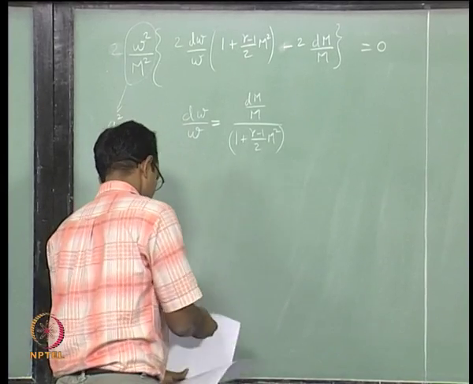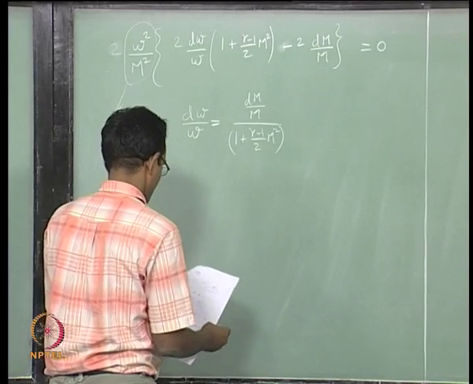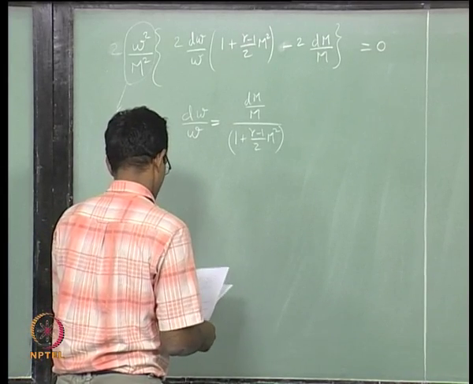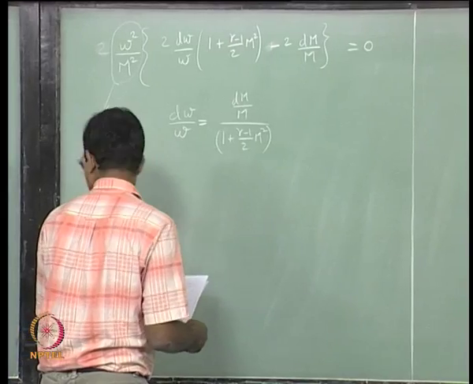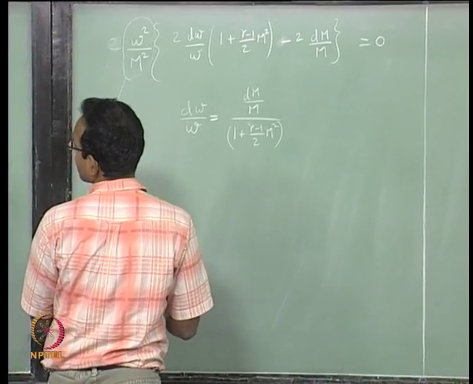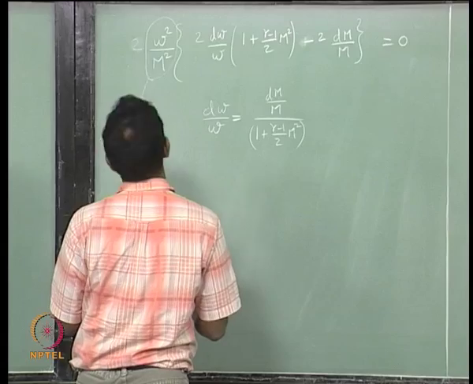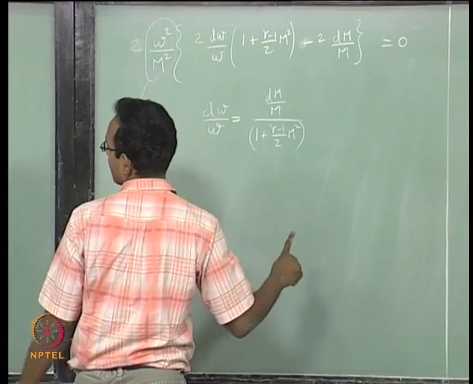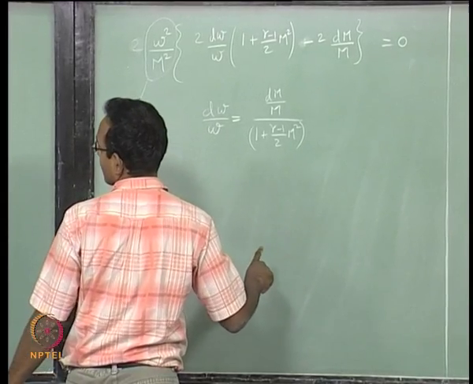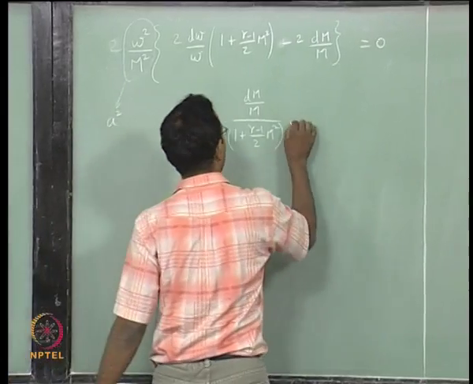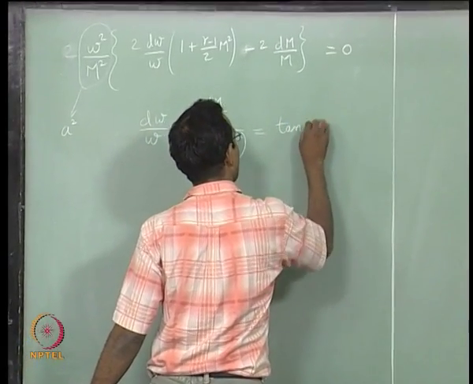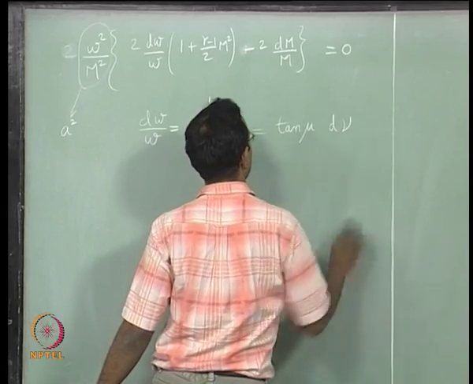And we derived one expression before this. I am missing one particular derivation from here. I will write the other expression here directly, tan mu d nu.